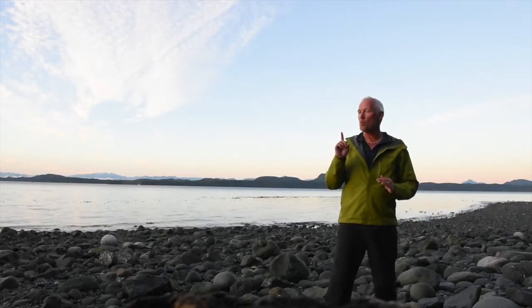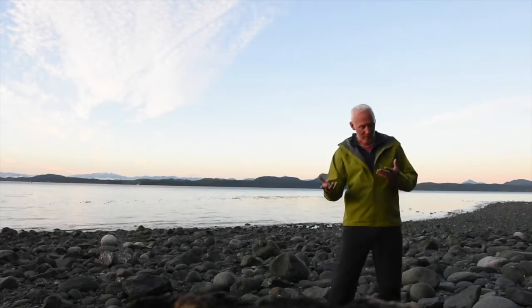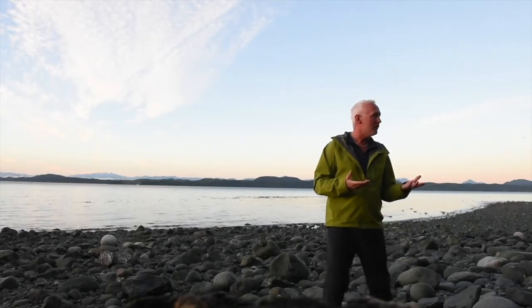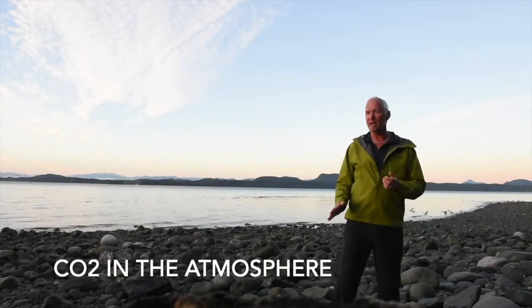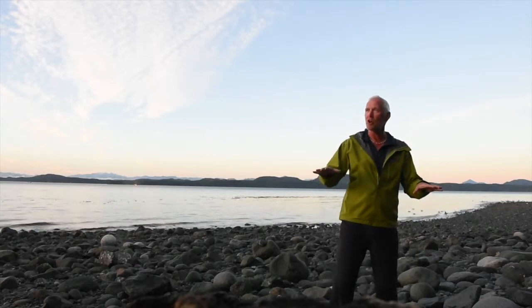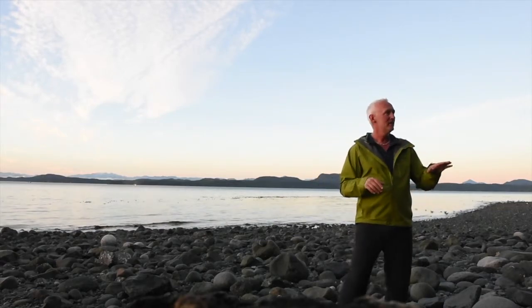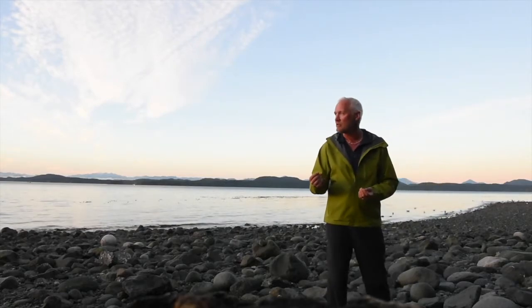So the question is, where is that coming from? So here's the ebb and flow of carbon dioxide. Carbon dioxide is a natural resident in the atmosphere. It has to be. If it weren't, we wouldn't be here right now. Carbon dioxide is a greenhouse gas. It keeps the temperature of our planet very constant. Now here's the deal.